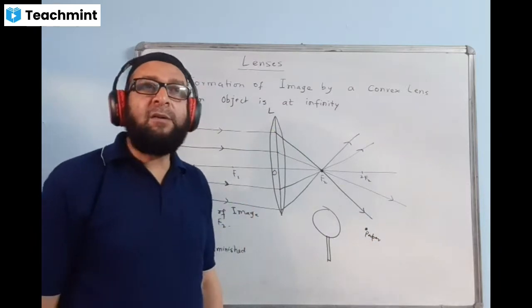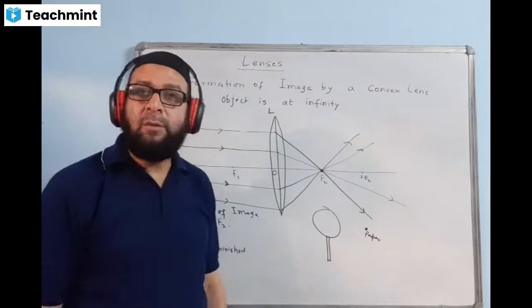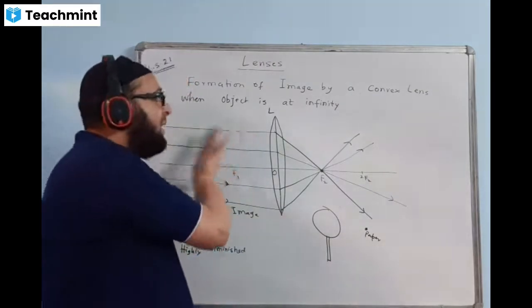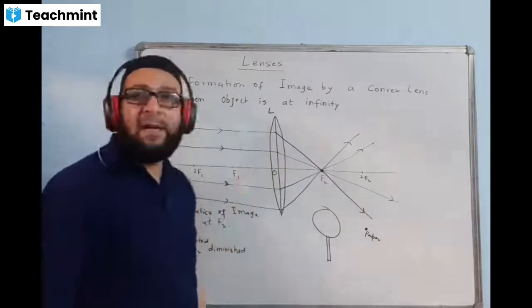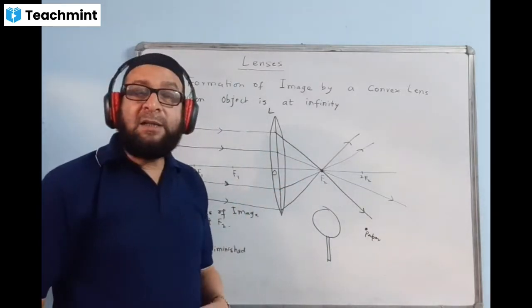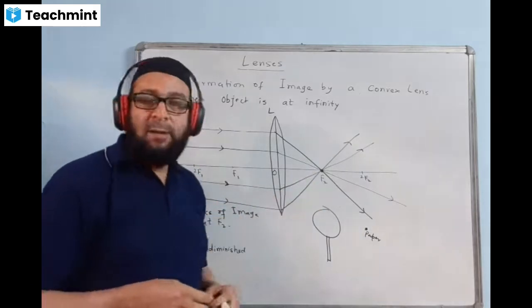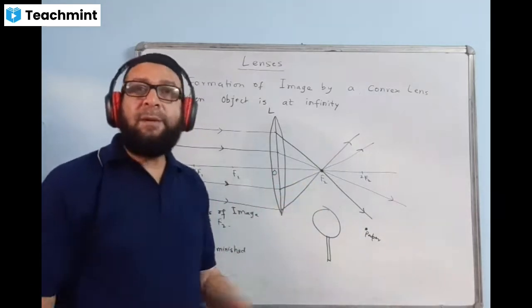Why? Because the sun rays converge at that point and contain heat. Due to too much heat focusing at that point, the paper starts burning.